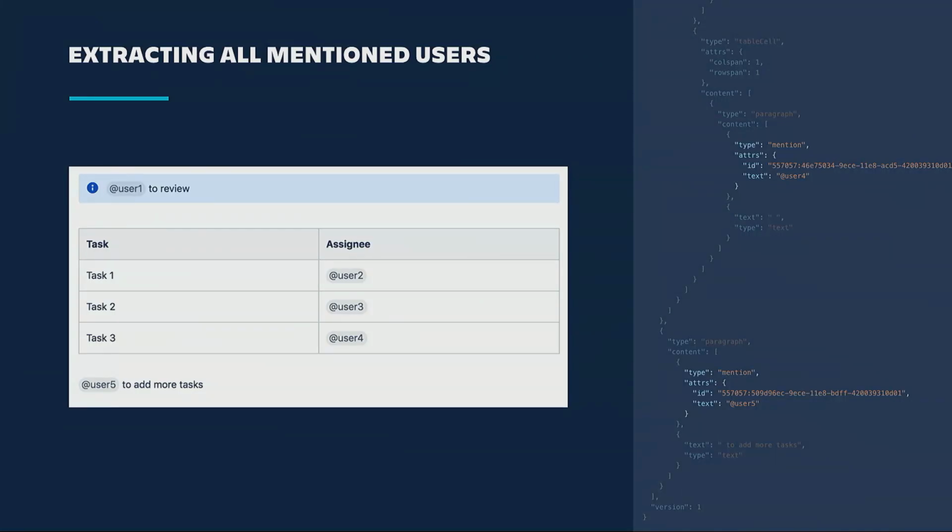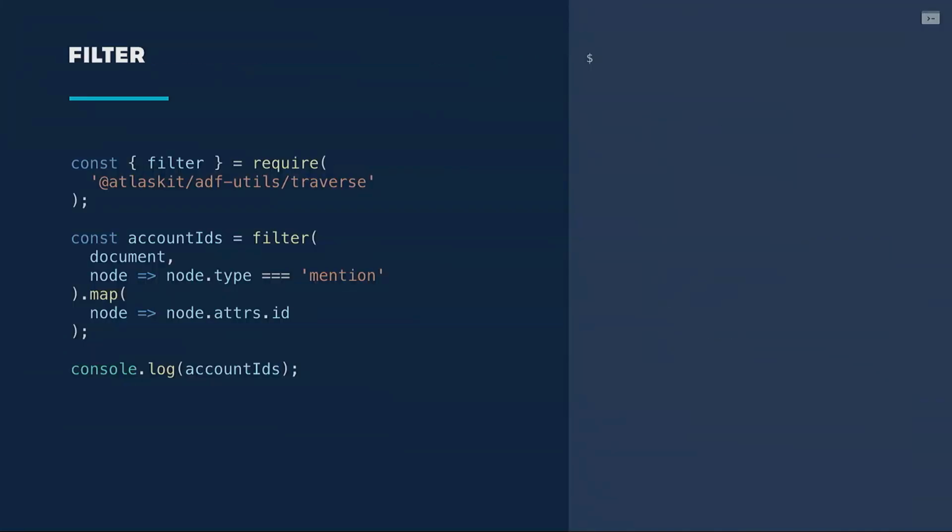Fortunately, we provide a filter function for this particular case, and the filter function works the following way. You pass in an ADF node, which is typically a document. You can see that in this first argument there. And the second argument is a function that just makes a decision whether to include that node or not.